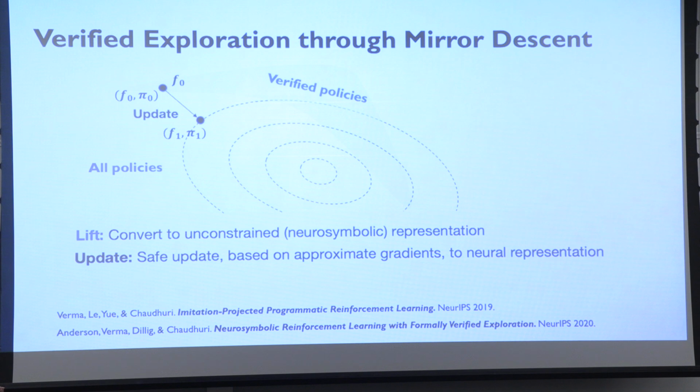So imagine that you have a safe policy, which is the backup, the fallback, the shield, and you have a neural net. Something like maybe not GPT-4 because it's a black box, but imagine you have GPT-2. So you have that pi component, which is a neural net, and the f component, which is a verified program.